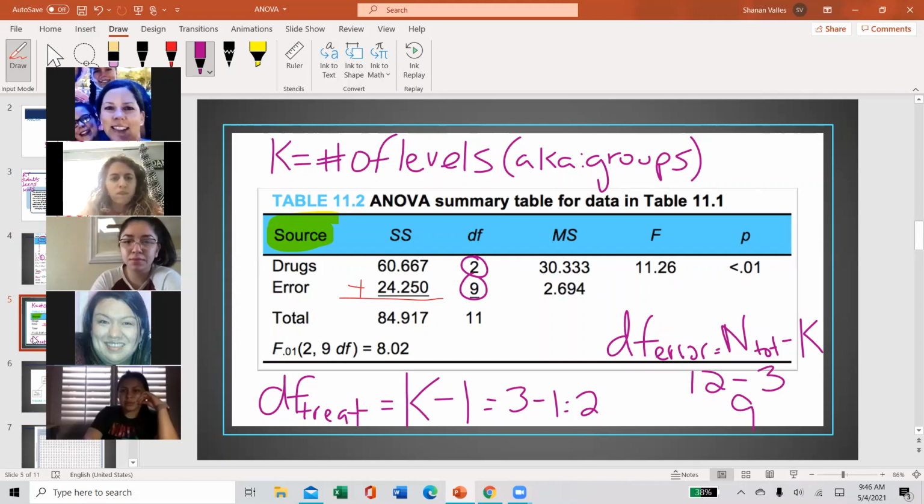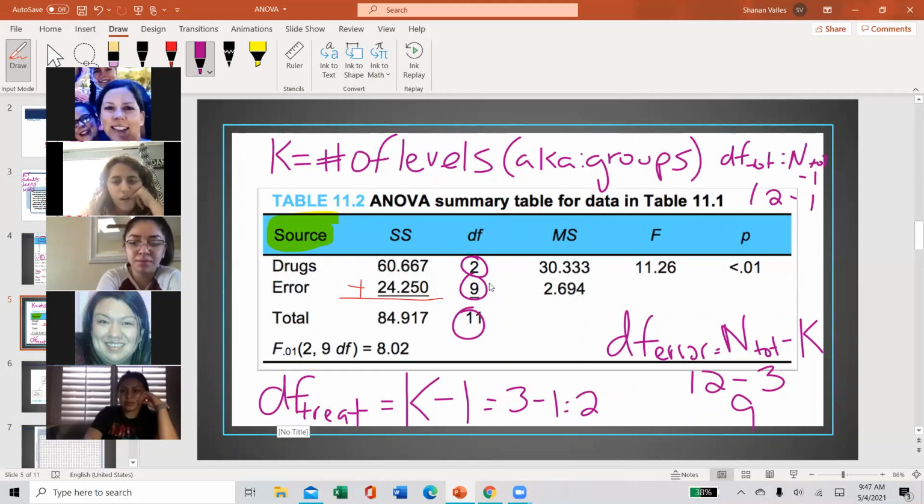Degrees of freedom total is easy. It's just N total minus 1. It doesn't really matter to us. N total minus 1 would be 12 minus 1, and that's where we got the 11. We don't use this one either.